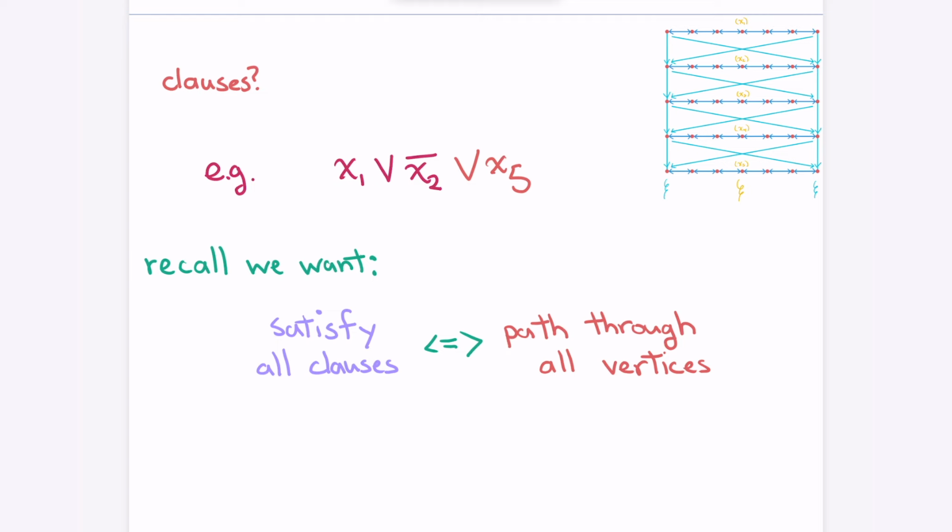So you're required to satisfy this clause in SAT. In Hamiltonian path, you're required to visit all the vertices. So at least one idea is, can we try introducing a vertex for each clause, because you have to visit it? But maybe we can somehow figure out how to hack it so that you can only visit it if you're making the right choice in terms of the Hamiltonian path.